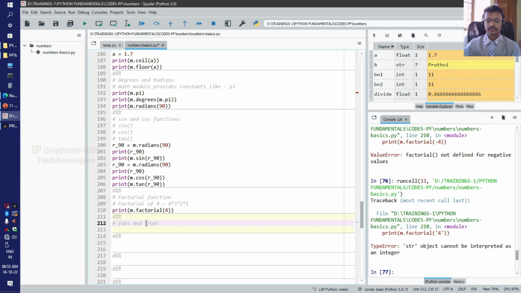Whereas this f absolute method will return the value as an absolute value in the form of a floating point number.